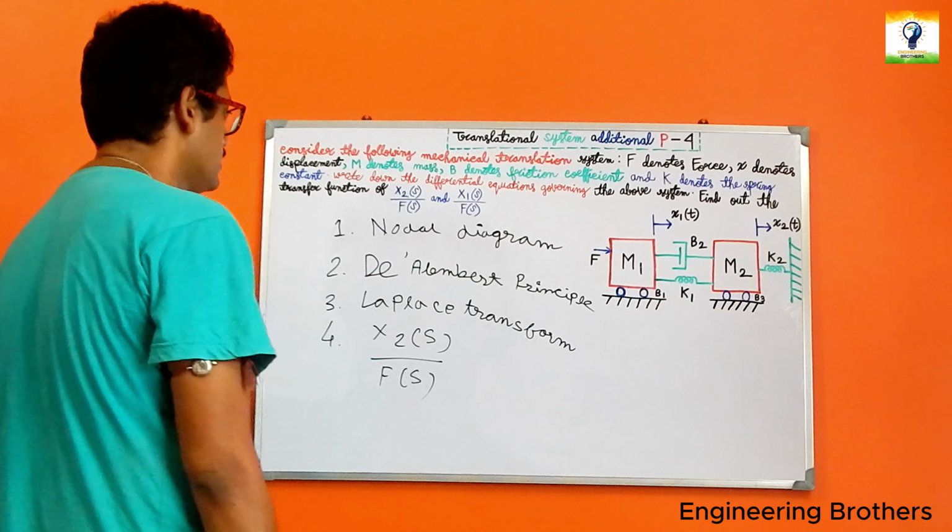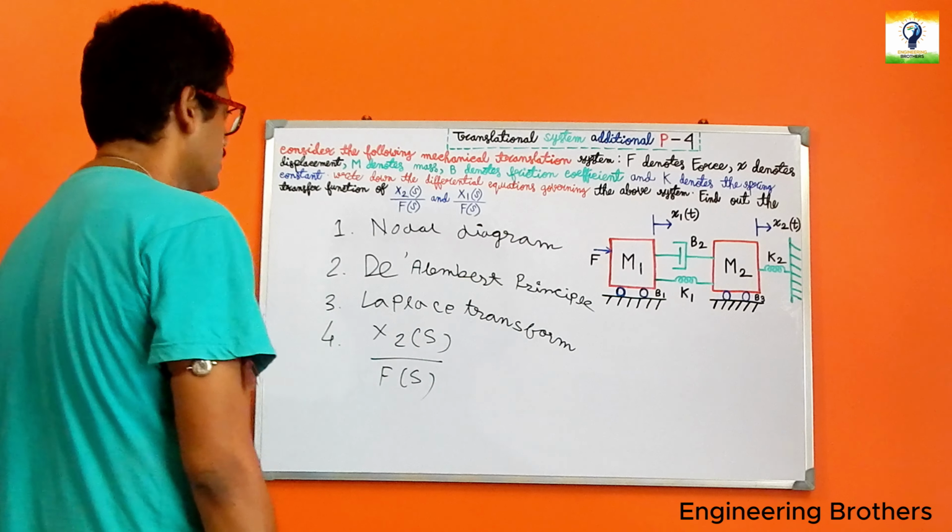First I should start with our nodal diagram, and then we apply the D'Alembert principle on our given displacement blocks x1t and x2t. In our next step we apply the Laplace transform on the given governing differential equations that we have got from this translational system.